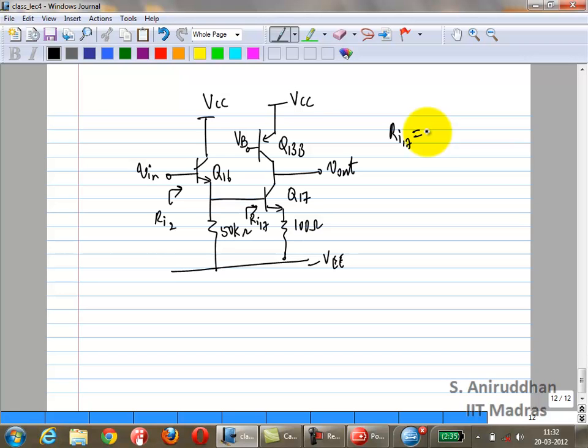Everybody remembers this from your bipolar. You have a degeneration resistance. Input resistance is R pi plus beta naught plus 1 times Re, where Re is the emitter resistance. Right? Okay, calculate that. What is that? The bias current is 550 microamps. Calculate what that is.